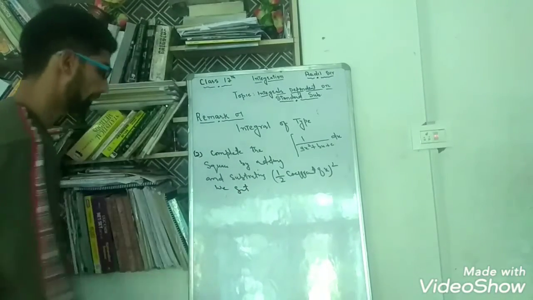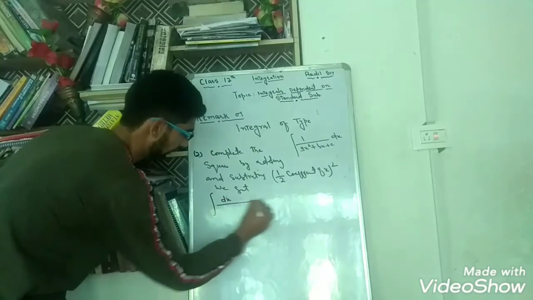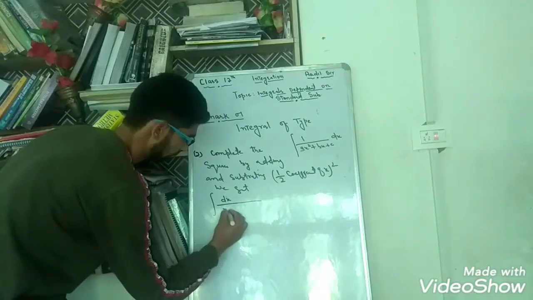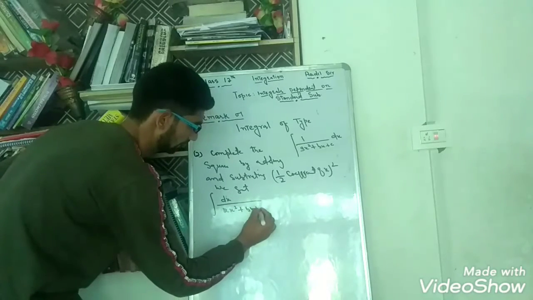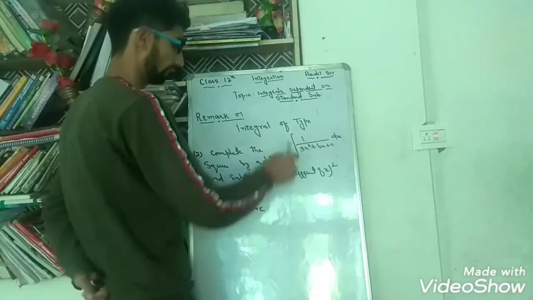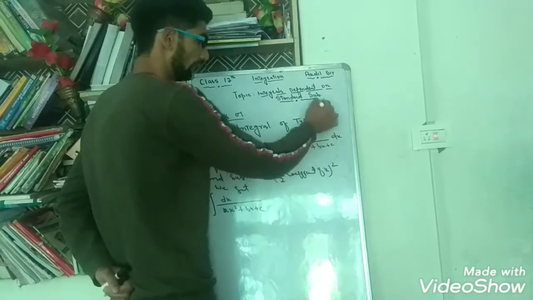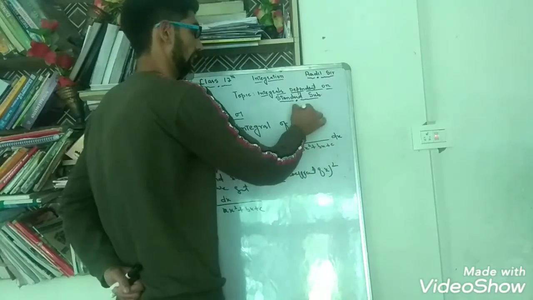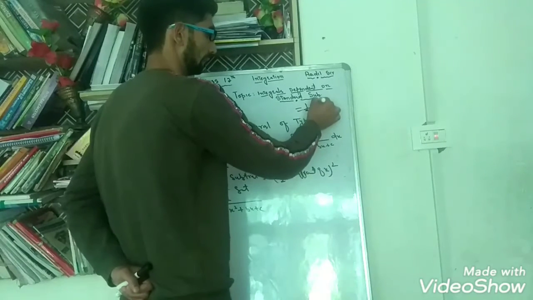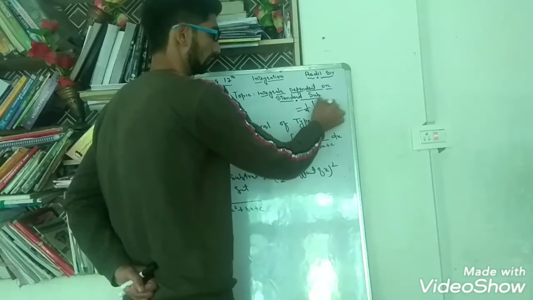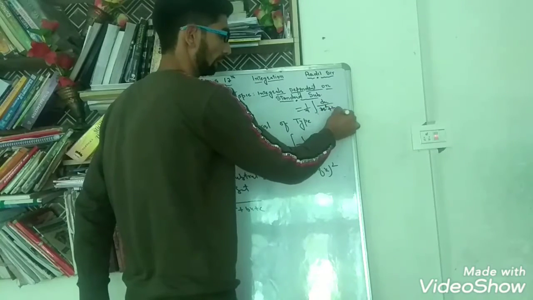What do we get? We get our integral dx divided by ax square plus bx plus c. But here we have the quotient of x, and we know our integral has been changed to 1 divided by a, dx divided by x square plus b divided by a x plus c.